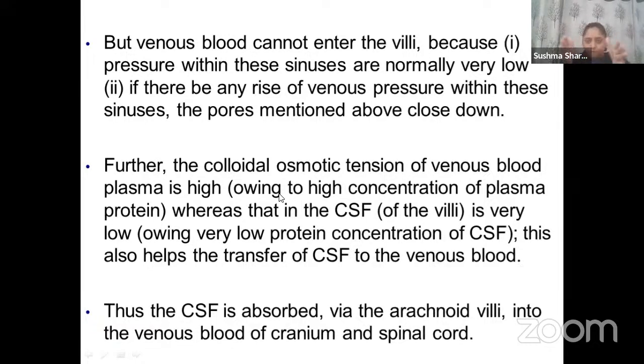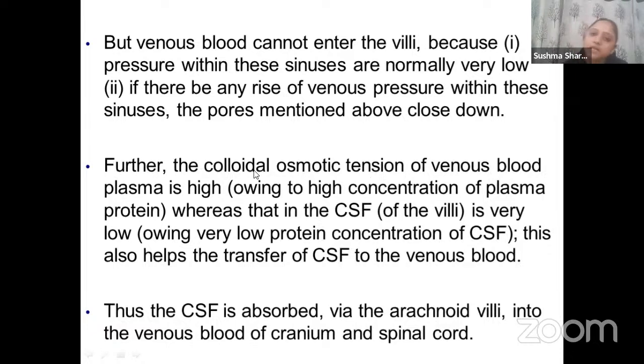You have the veins over here and the pores are present here. When the venous pressure within these sinuses increases, these pores close down. When only the CSF pressure increases inside the granulation, then these pores open, and the CSF leaks into the venous blood, right?